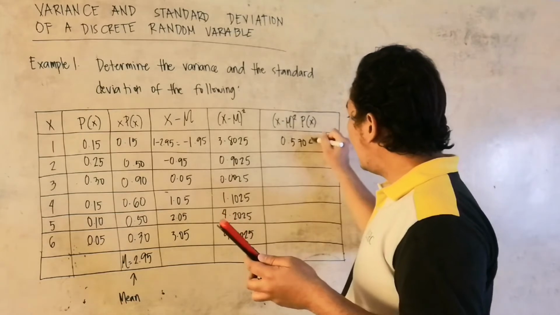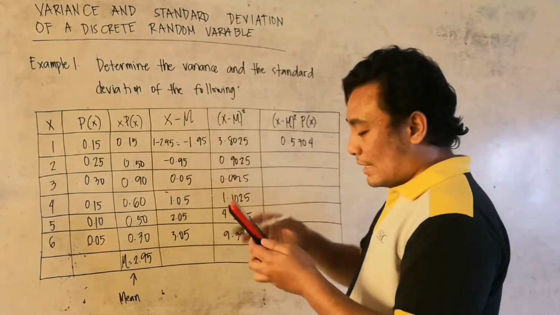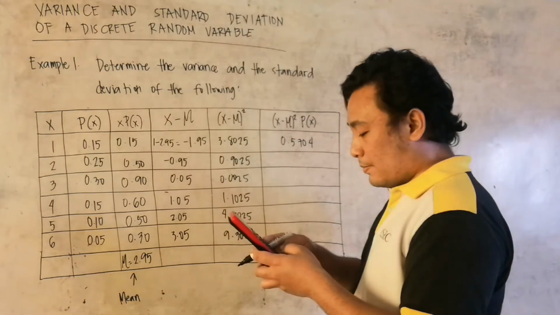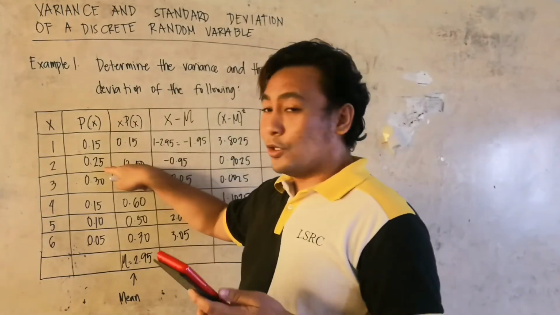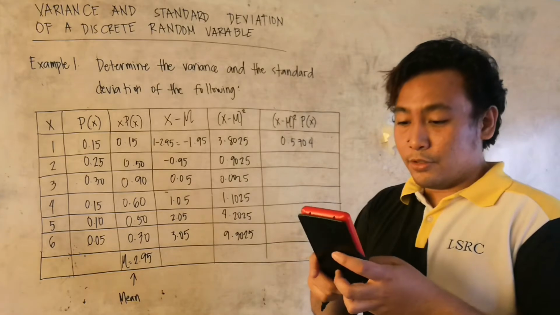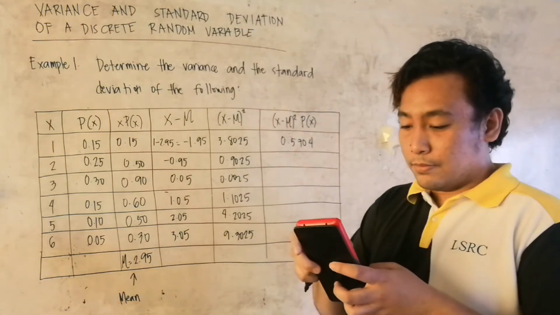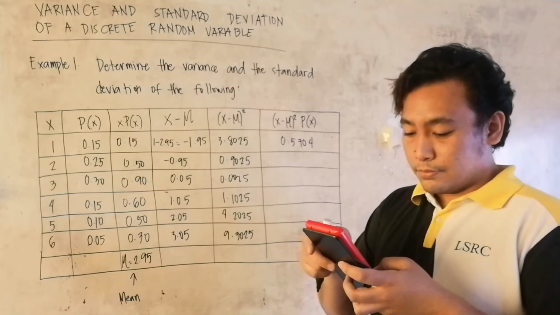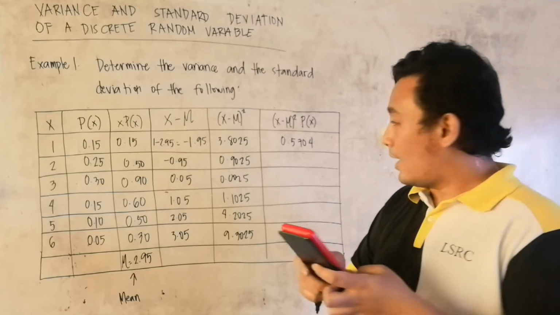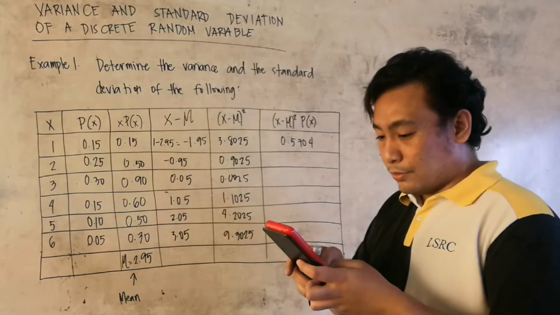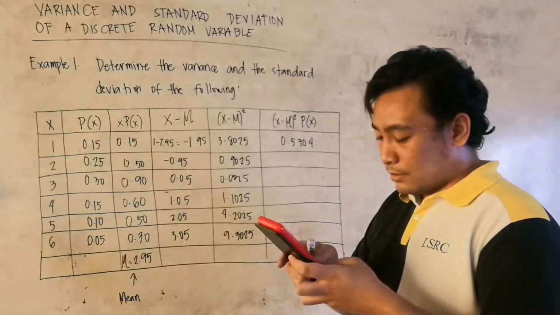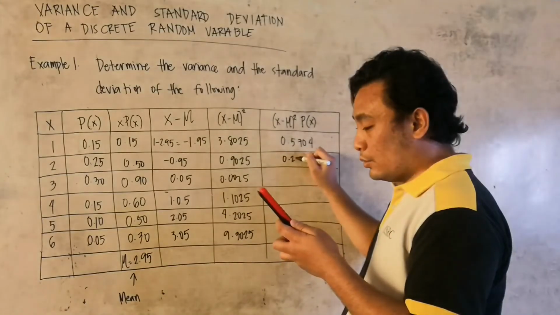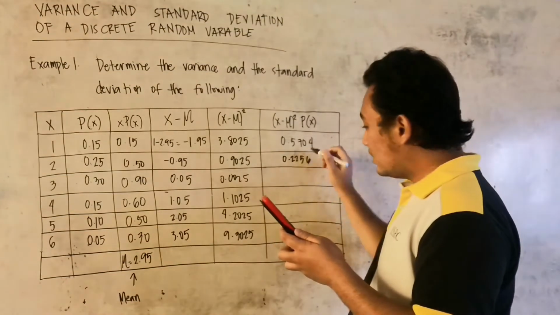0.5704. So next is 0.9025 multiplied by 0.25. 0.9025 multiplied by 0.25 is equal to 0.2256.